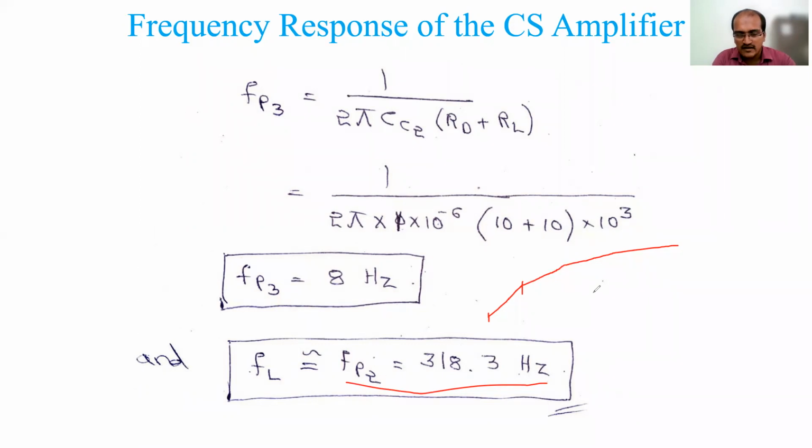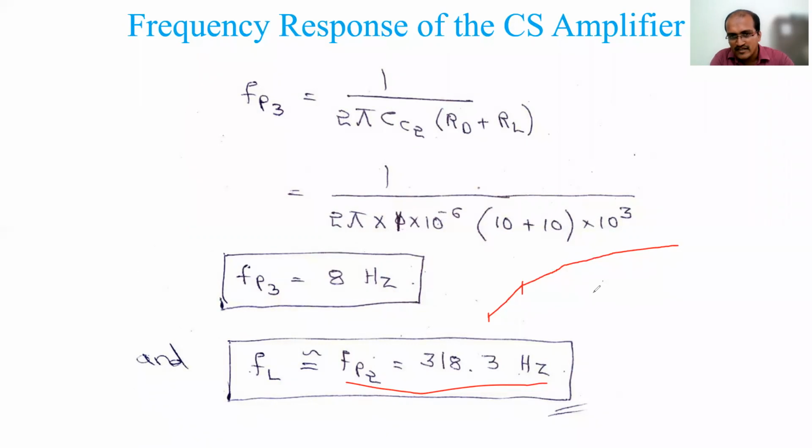With this we are completing the section on frequency response of the common source amplifier. We started off by giving you the three frequency bands: midband, low frequency band, and high frequency band. The low frequency band is due to the coupling capacitors CC1, CC2 and the bypass capacitance, and the high frequency curve is due to the internal capacitances of the MOSFET.